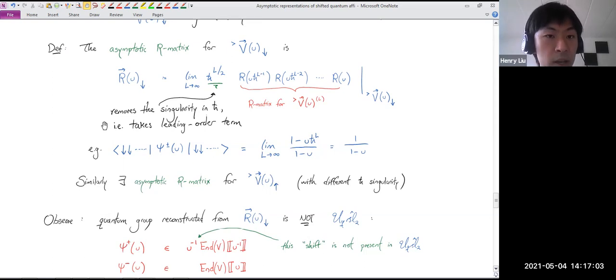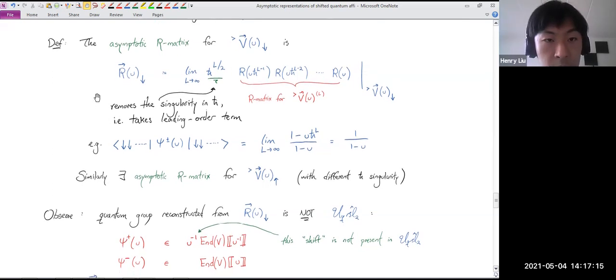That way we can push it through FRT reconstruction, and you'll get some quantum group acting on these asymptotic modules. And so the way we'll do that is we'll take the naive version of the R matrix, which is acting on this L-fold tensor product as L goes to infinity, and we'll just manually remove the singularity.